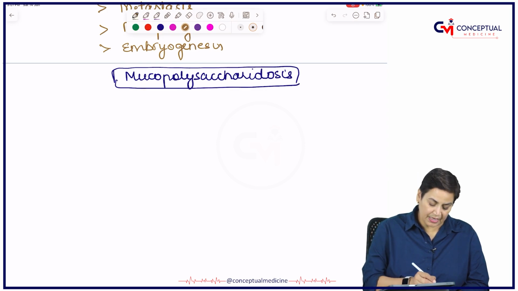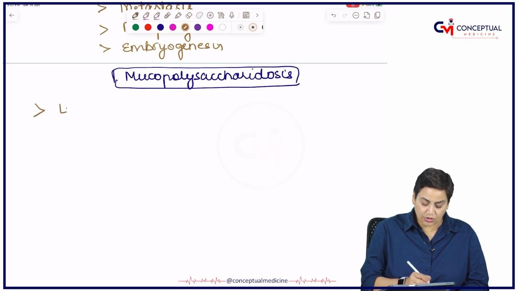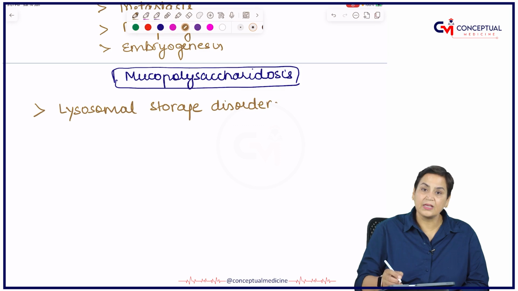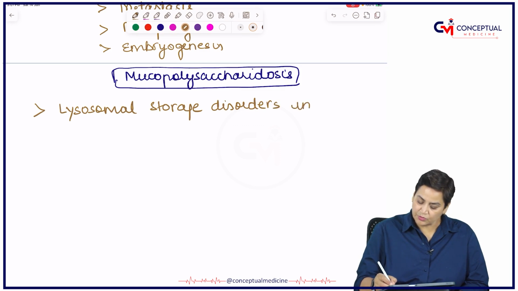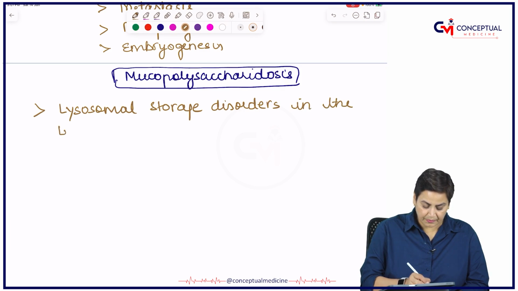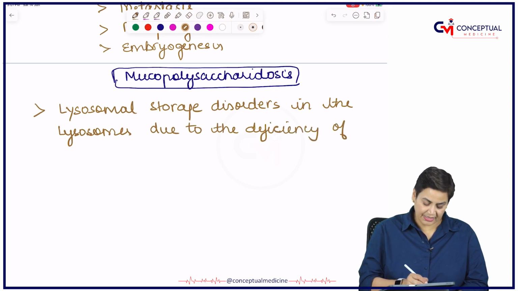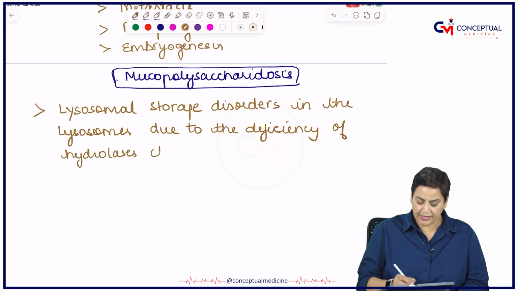They are simply lysosomal storage disorders, disorders in the lysosomes due to the deficiency of a hydrolase group or class of enzymes.